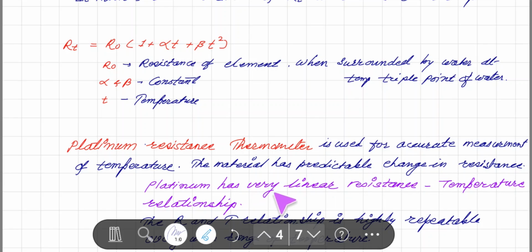So platinum has a very linear resistance. That means as the temperature increases, resistance increases linearly, or as the temperature decreases, the resistance decreases linearly. That is an important property of platinum, which is very important for considering platinum as a resistance thermometer.